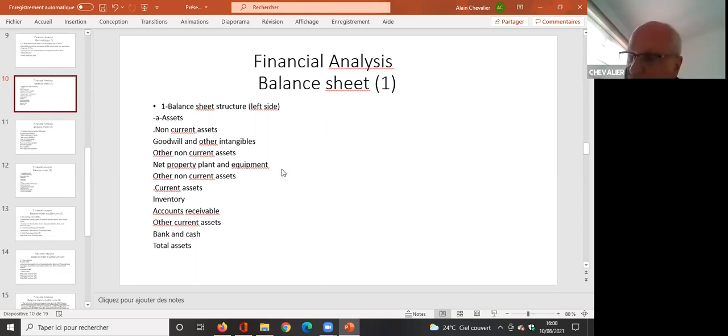That means if you compare the market value of Nestle listed on many stock markets and the value you can calculate according to the numbers you find in the balance sheet, there is a very high difference. The market value is more than twice the book value of the company.